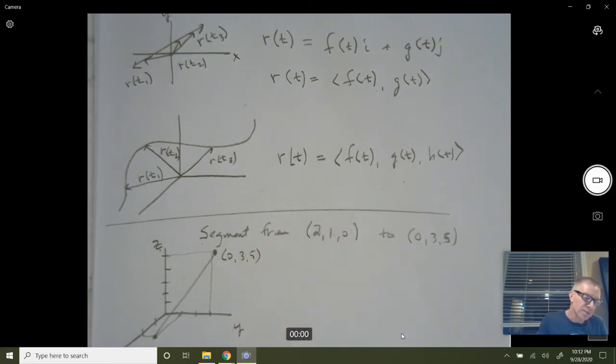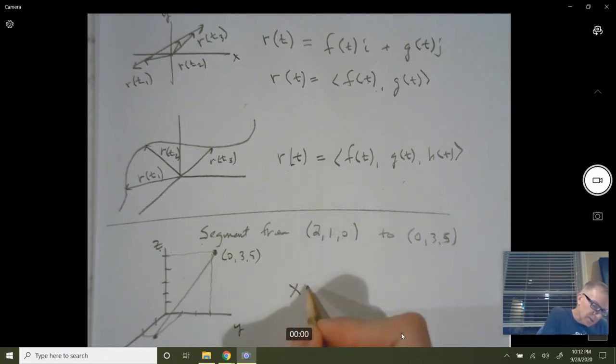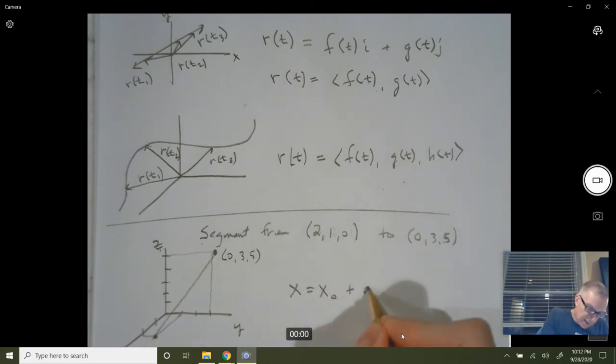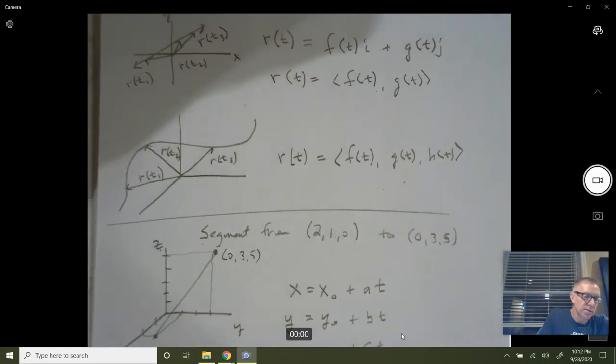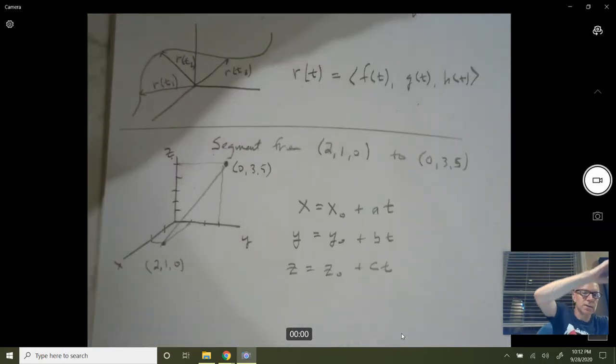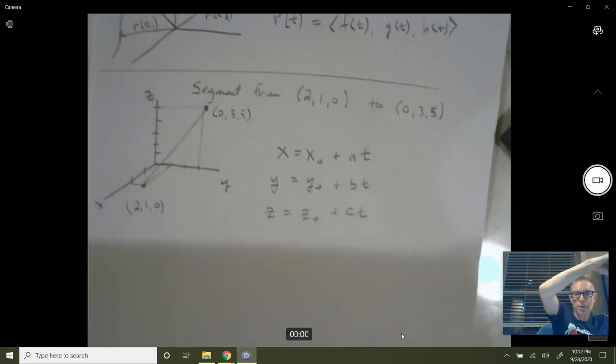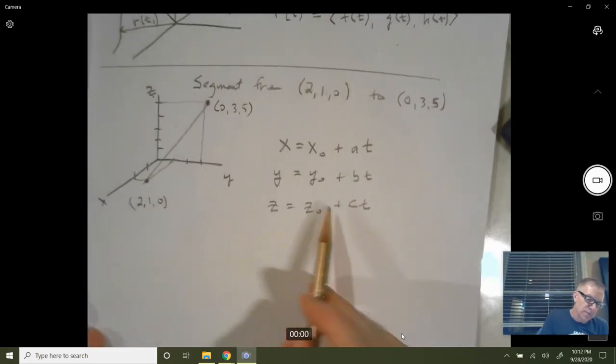Since this is a line, we know our x value is going to be equal to our original x, let's say x0 plus a times t. y would equal y0 plus bt. z would equal z0 plus ct.